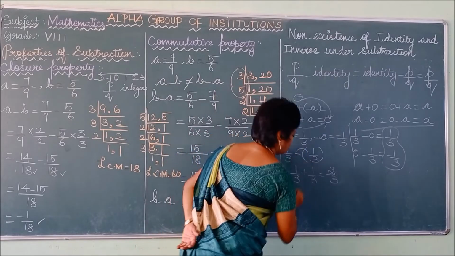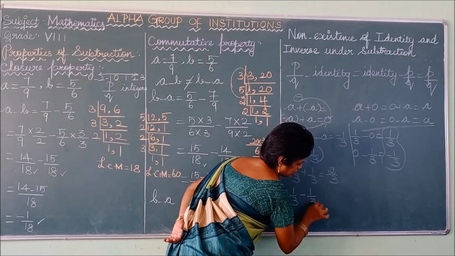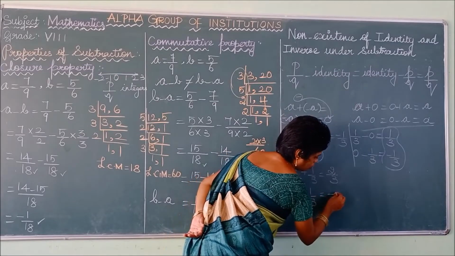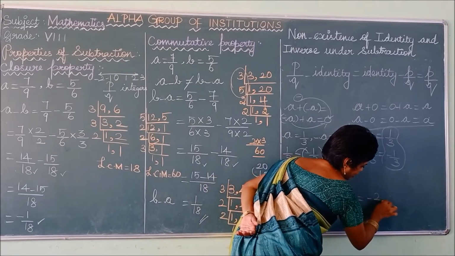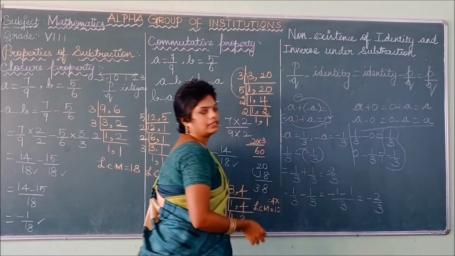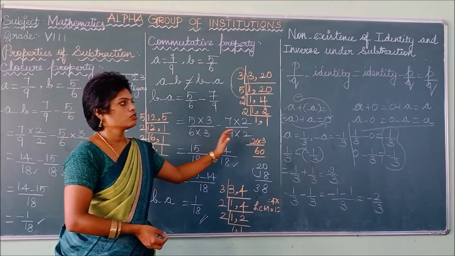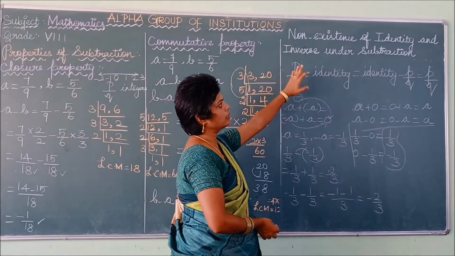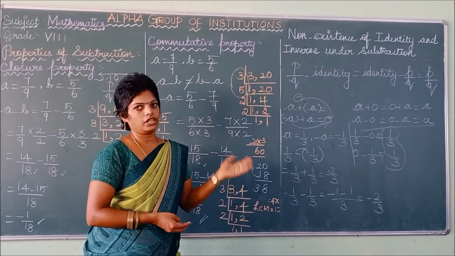Then check this condition: minus a is minus 1 by 3, minus a value 1 by 3, so the value is minus 2 by 3. Here we cannot get the identity, that value is not 0. So we can say there is non-existence of identity and inverse under subtraction of rational numbers.